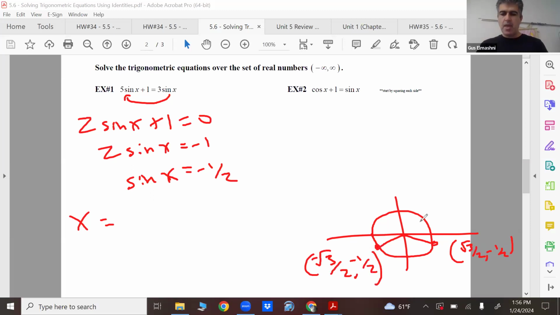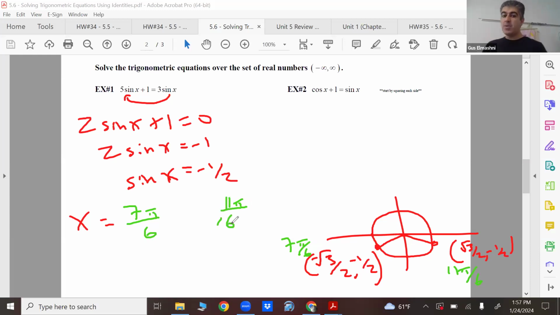And what are the angles that go with them? 11 pi over 6, is that right? Yeah, and 7 pi over 6. So you have 7 pi over 6, and also 11 pi over 6.